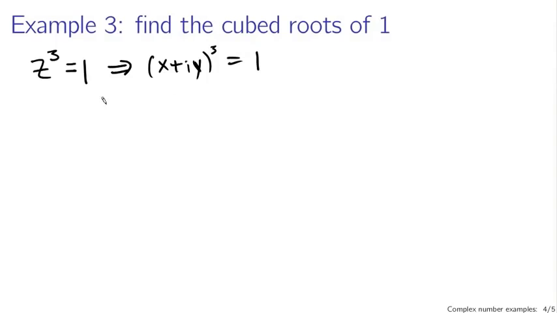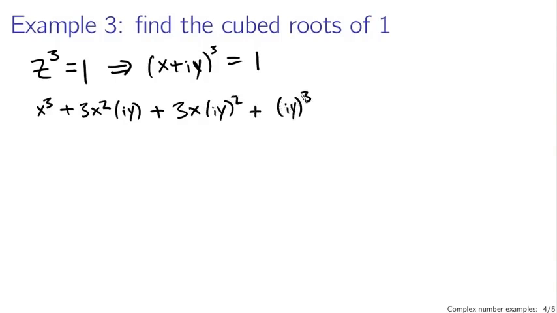Now if we expand out this cubic, you get x cubed plus 3x squared times iy plus 3x times iy squared plus iy cubed. And this is going to have to equal 1.